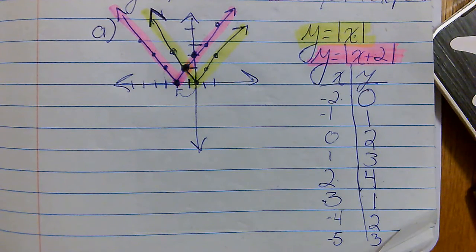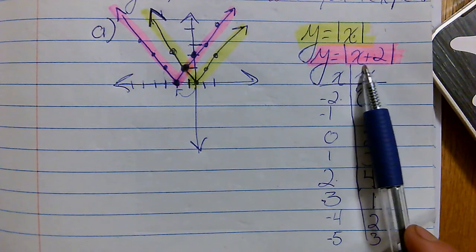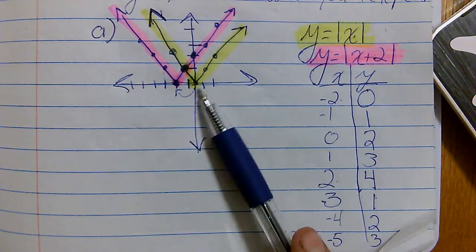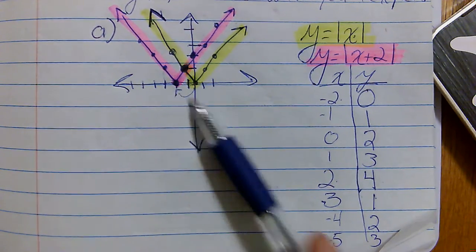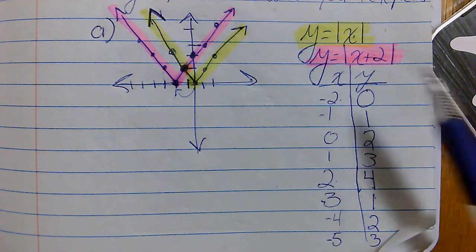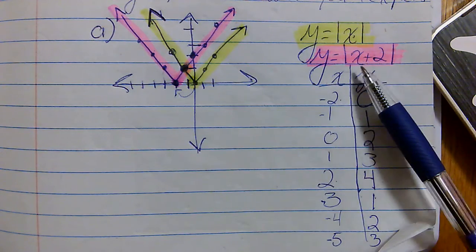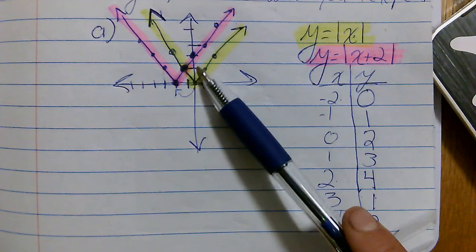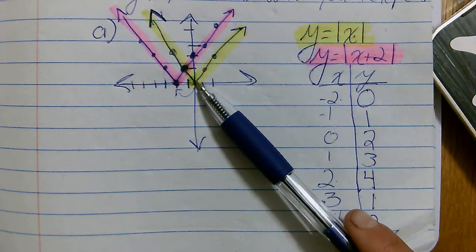Alright. So it seems almost counterintuitive. You added 2 inside the absolute value, but it shifted it to the left. The way I think of it is you have to kind of add 2 in order to get back to 0.